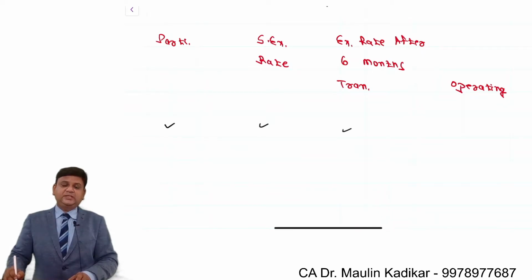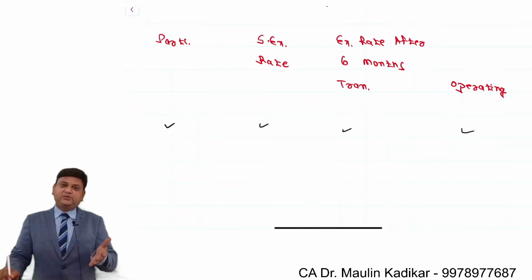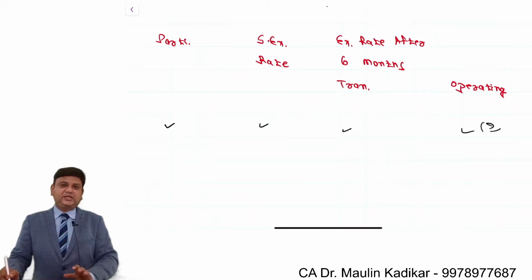Third column will be for the purpose of calculation of the profit or loss due to transaction exposure, we are going to prepare a statement of the profit or loss using the revised spot exchange rate. And for profit or loss for operating exposure, there is one more column that we are going to prepare. How to complete this, I am just discussing that with you.